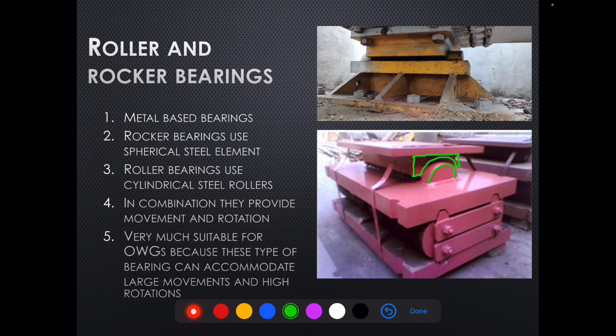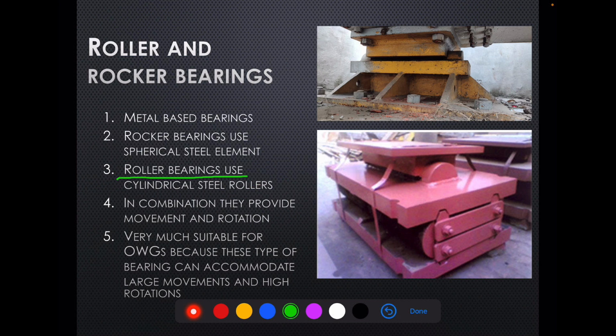If we talk about this free end, here on the top the plate girder will somewhat come like this. The rotation of the girder will be taken care of by this spherical steel unit.